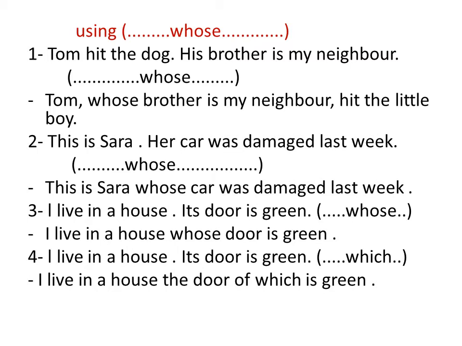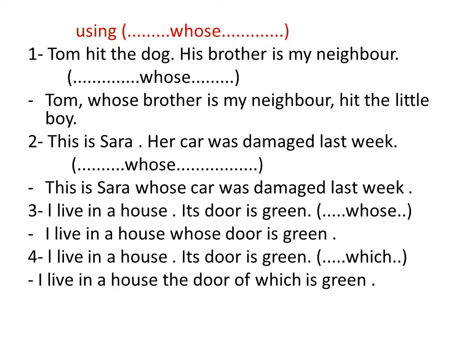So here in the second sentence we have the possessive adjective his, which refers to Tom actually. So we will omit the possessive adjective his, and then we will use whose.